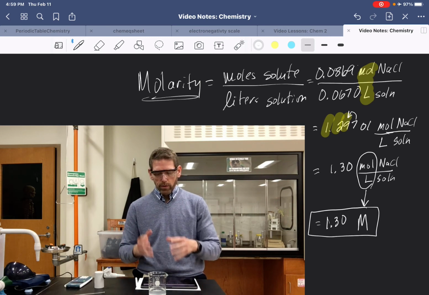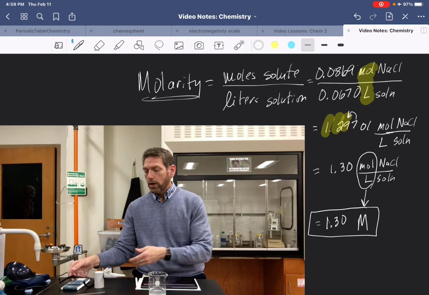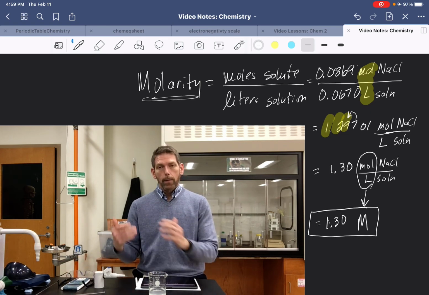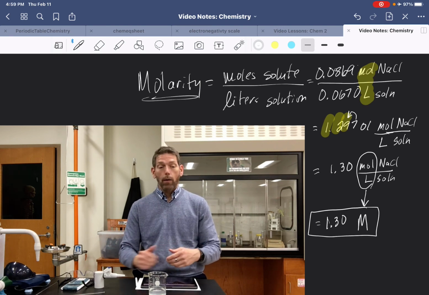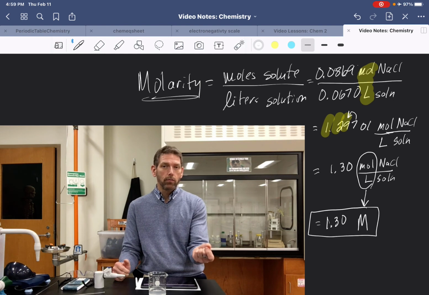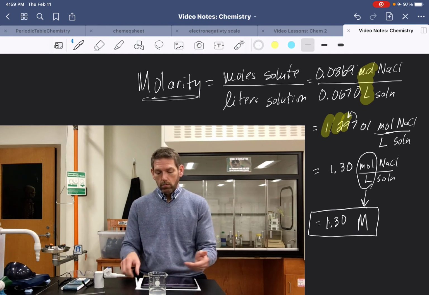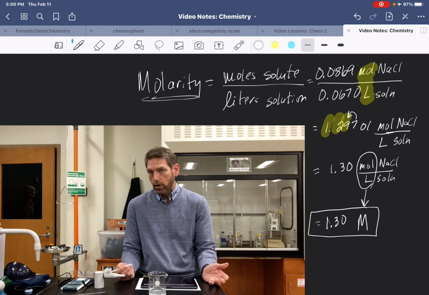So you can see from the equation, you can backwards engineer what you need. If you know you need a 0.5 molar solution, you just go backwards and realize how many moles of this solute do I need. I'm going to be using X amount of my solvent. You can see here how this is just a basic, simple algebraic equation.